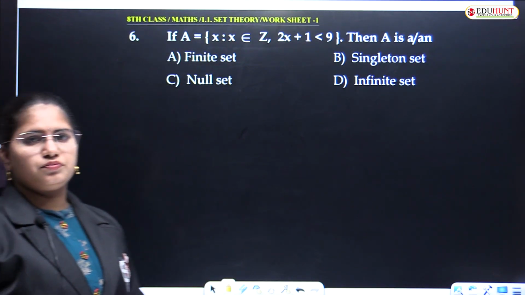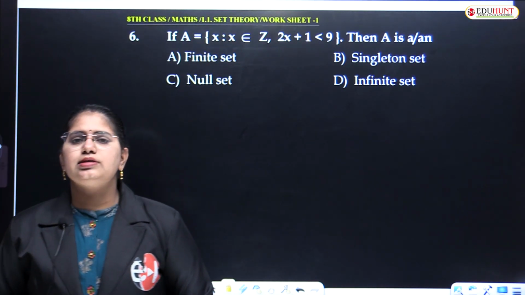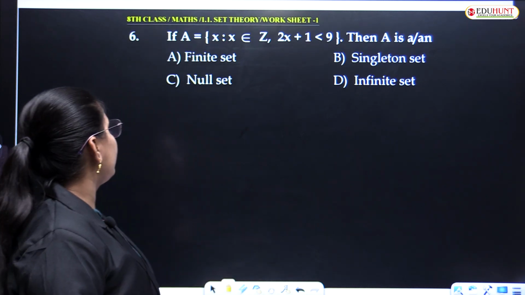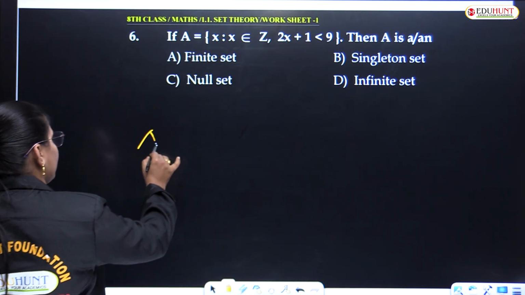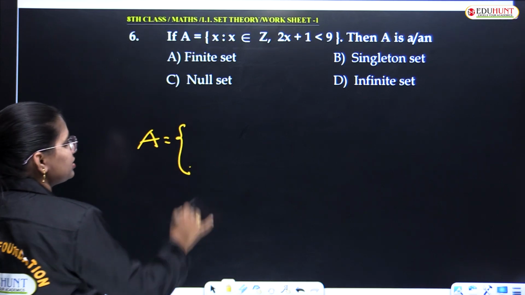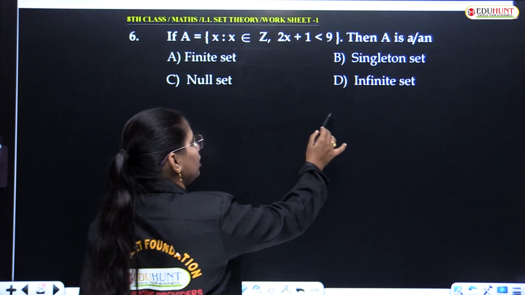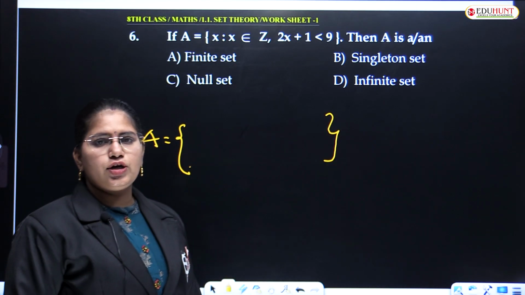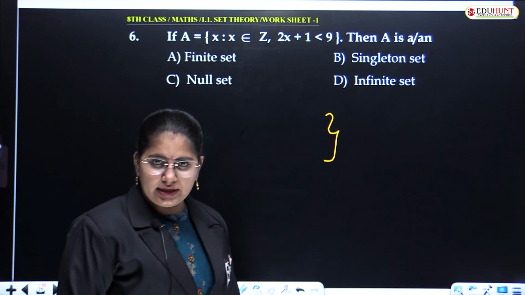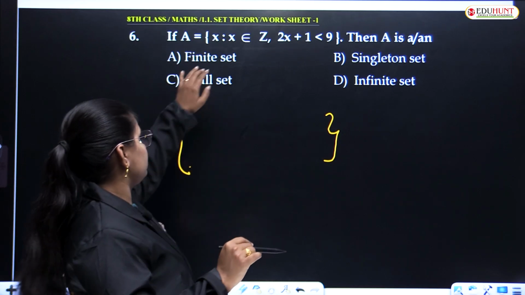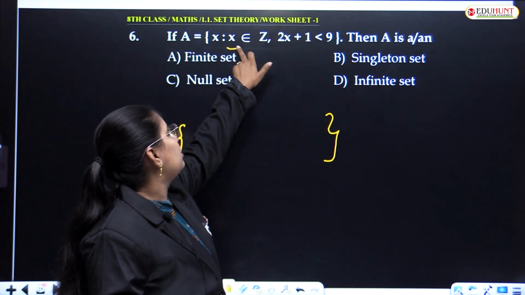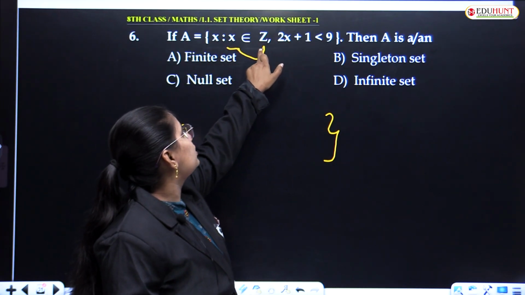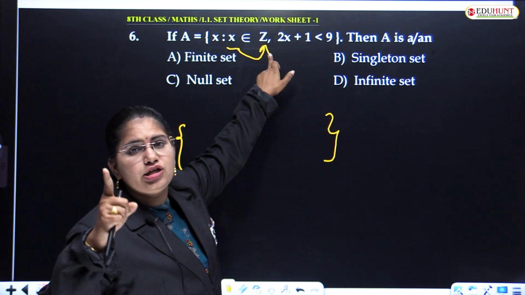Next question. If A is equal to {x : ...}, this time also I am defining the set A. I have opened the curly braces, right? I need to write down the elements of A right now. What type of elements do you have to write? It is x. x belongs to, this is a set of integers.